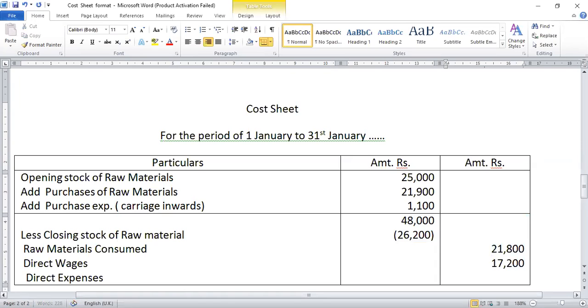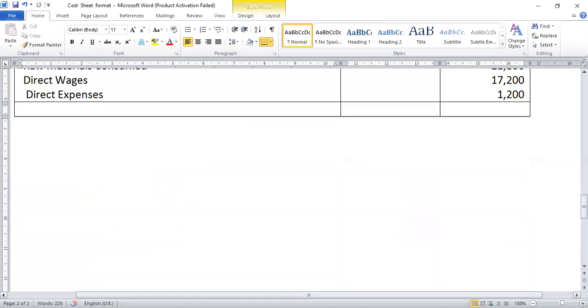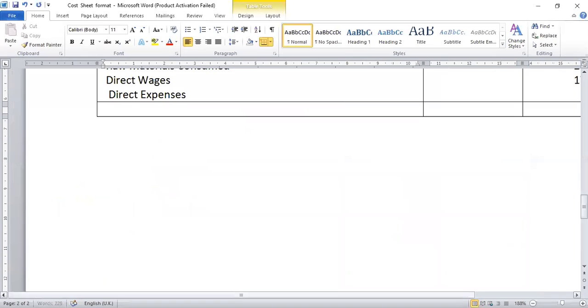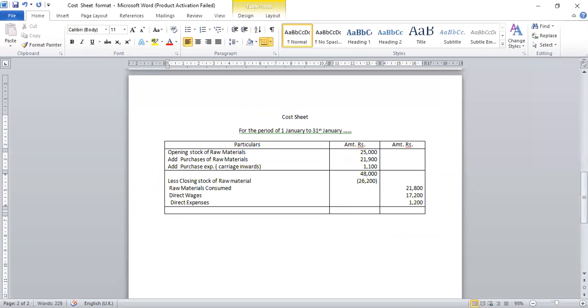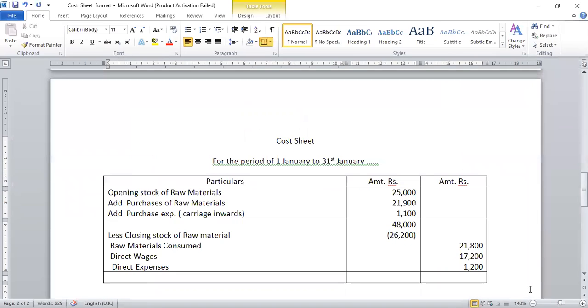And direct expenses is given 1,200. Just make the total of these, and the total is known as prime cost.